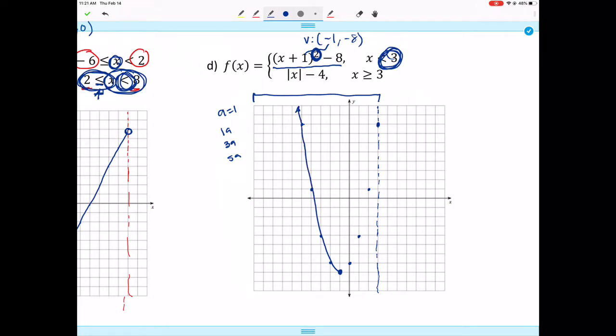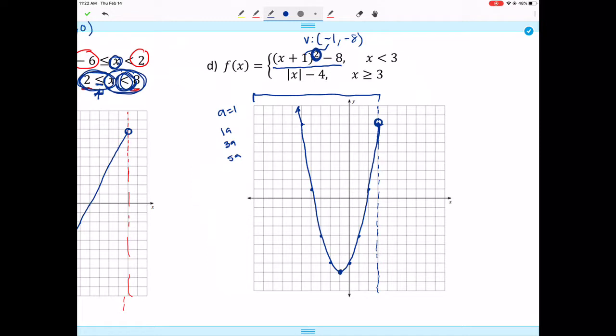Okay, and to the other side. And it stops once you get to the edge of that domain. Okay, we need to find out, is that going to be an open point or a closed point? Since it says x is less than 3, it doesn't include 3, then we'll have it be open.